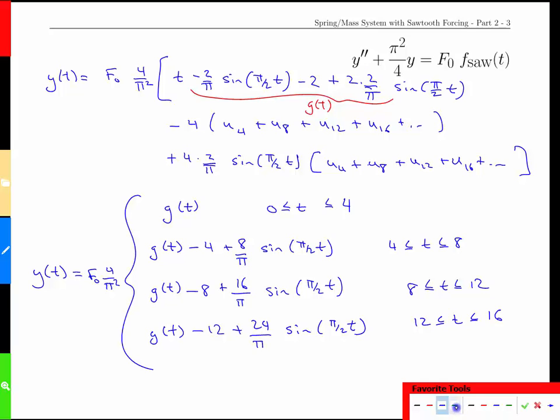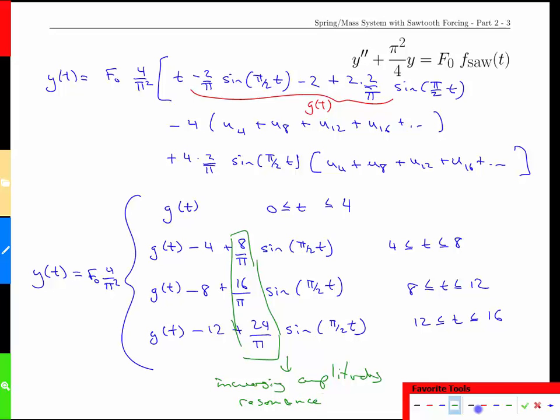And that, as we go down, we can see that the amplitudes of our oscillations are increasing linearly. Every time we go to the next interval, we're getting larger and larger amplitudes. And what that indicates to us is we're still getting resonance in our solution.